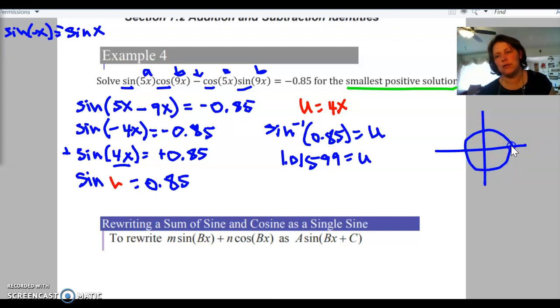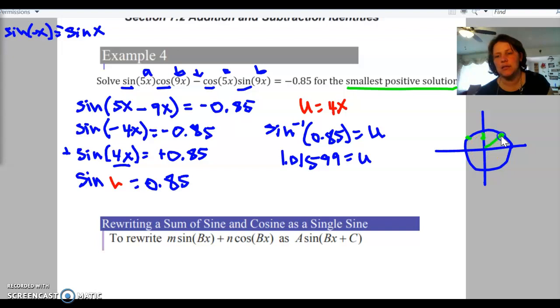So let's look at a unit circle. Sine is going to be our y values. So if we have the sine of u equal to 0.85, that's going to be way up here, pretty close to the top. We're going to have one value over here, and one value over here. Those are both going to work for a positive 0.85.